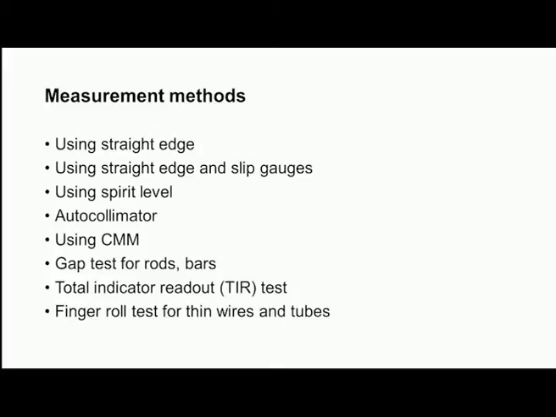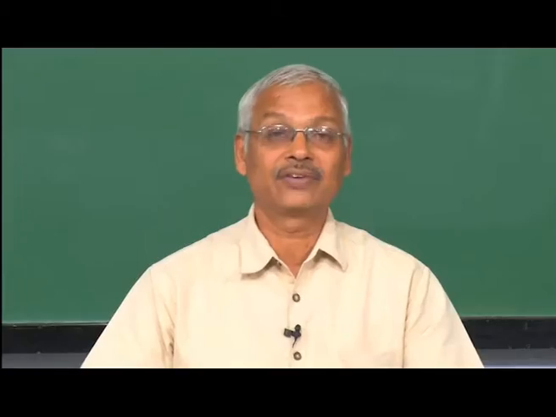Some of the methods are using a straight edge, we can check the straightness, and a straight edge along with the slip gauges can be used to assess the straightness, and we can also use spirit level and autocollimators for checking the straightness. The spirit level can be used only on the horizontal surfaces, whether a particular line on the horizontal surface is straight or not, whereas autocollimator can be used on all different planes.